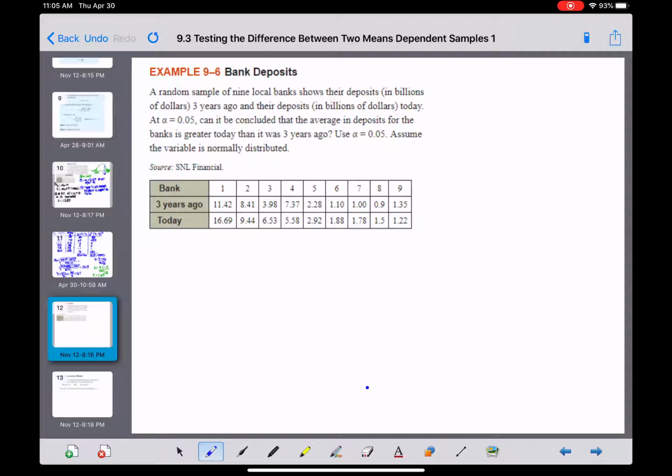At alpha equals 0.05, can it be concluded that the average in deposits for the banks is greater today than it was 3 years ago? So we'll call this X1, X2.